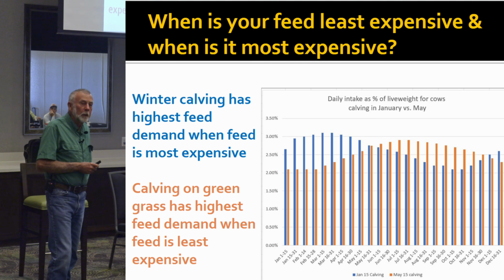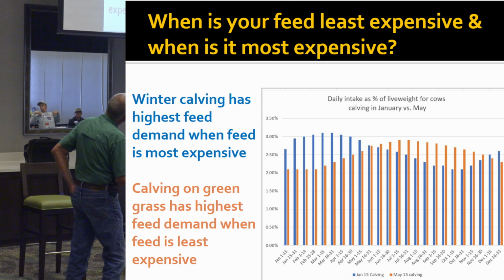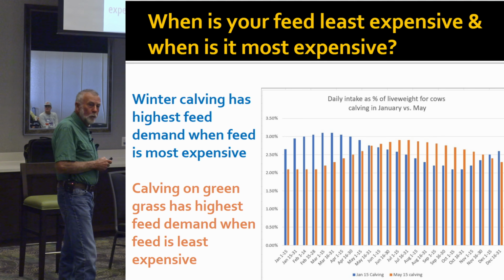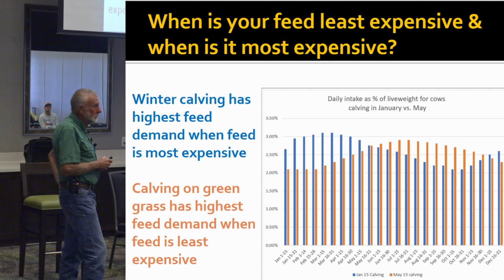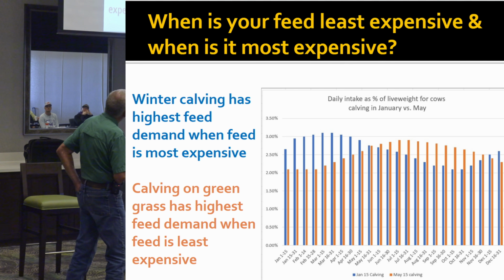So again, typically when we do not have low-cost green feed around. And then the decline in demand is taking place while our pastures are coming into their most productive stage. And we end up weaning that calf in kind of a late summer situation.